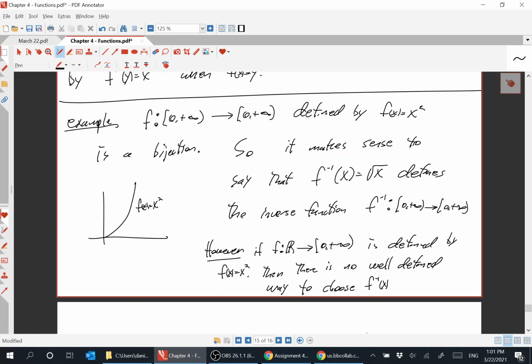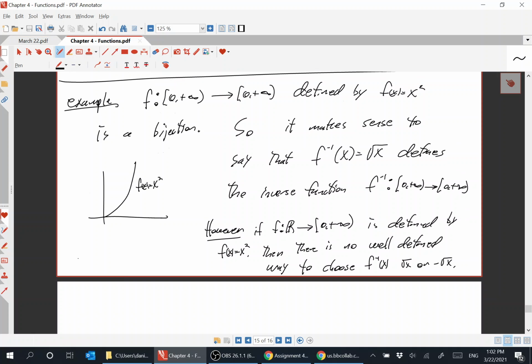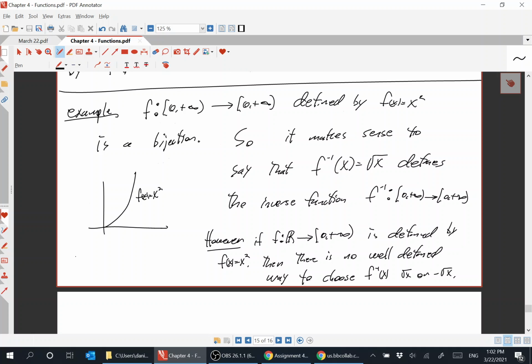Square root of x or the negative square root of x. There's no universal, well-defined way to choose it. All right.